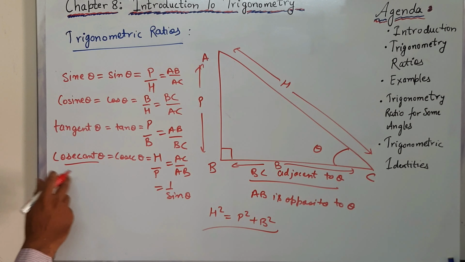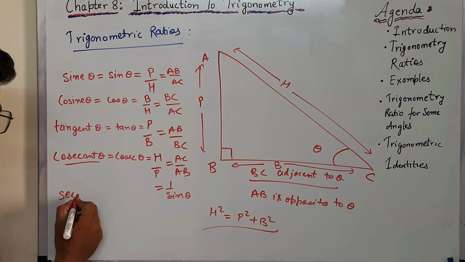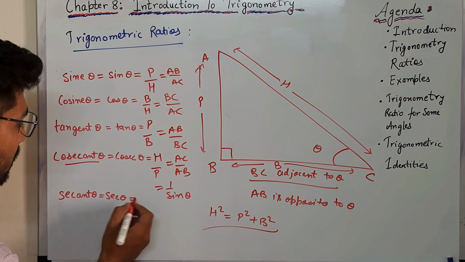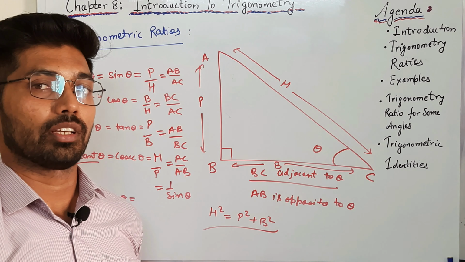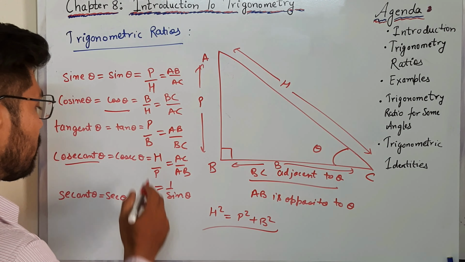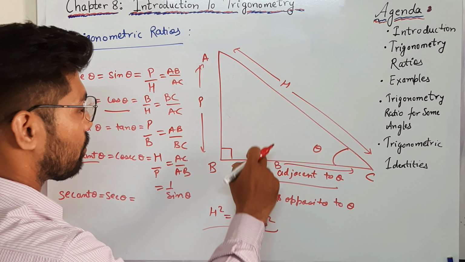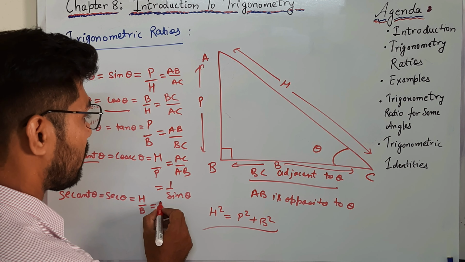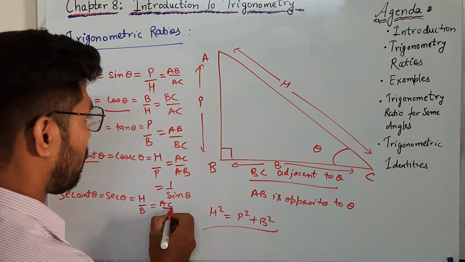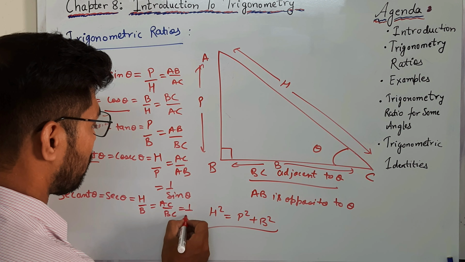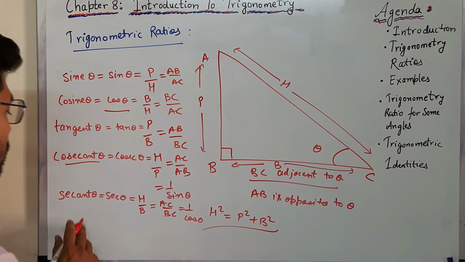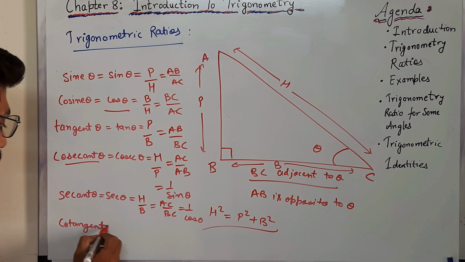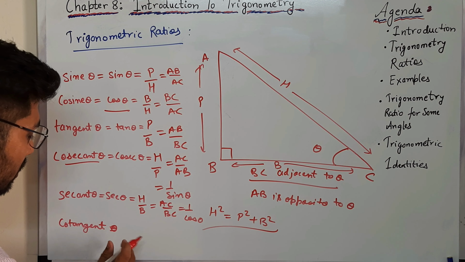Now come to secant. Secant theta is also called sec theta, and this is the opposite of cos theta. So we can also say it is h upon b, or AC upon BC, which is 1 upon cos theta. Now come to the last one, which is cotangent, or cot theta.